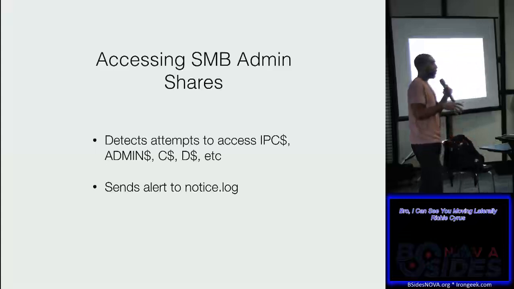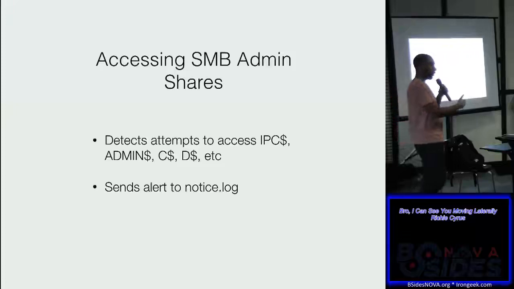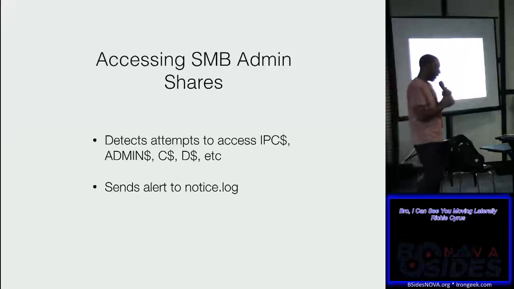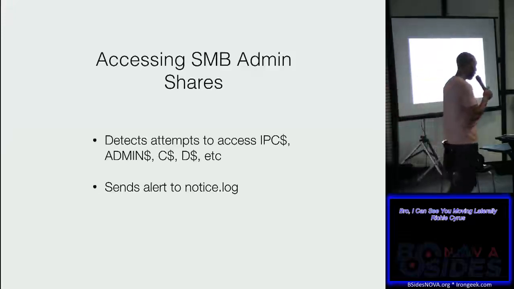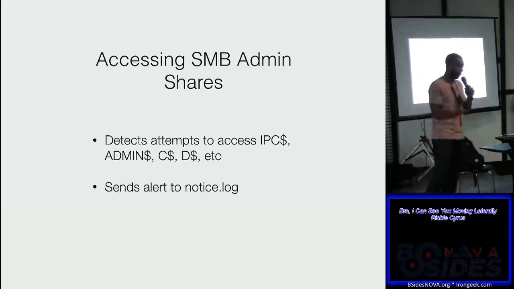I tested it at home in a lab environment, but if you have file sharing enabled throughout your network, you would have a lot of activity between the domain controller and maybe hosts on your network. So if you want, you could take the scripts that I've introduced a little further and put in some whitelisting for stuff that is kind of normal. But in this case, this shouldn't be happening too often. And so anytime that occurs, it will send an alert to the notice log.